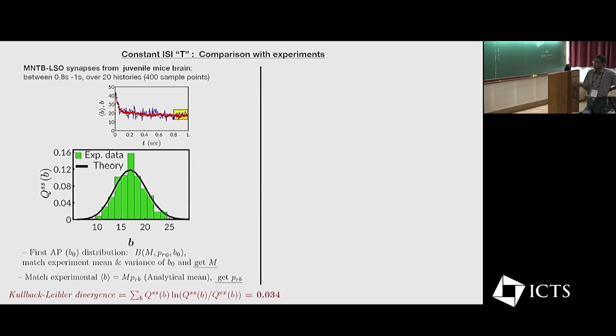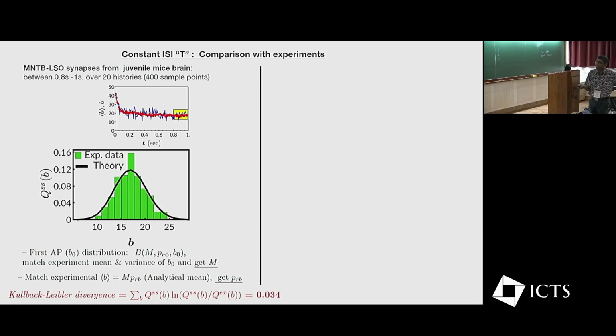This is from lots of data for this particular synapse. We had 400 sample data points from experiments. This is the green histogram from experiments. This is the curve theoretically. To compare theory and experiments, of course, you have to match something.